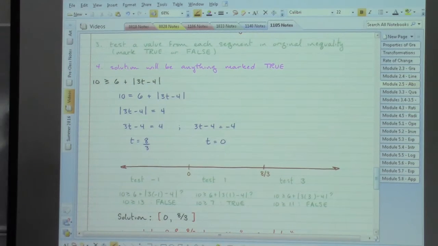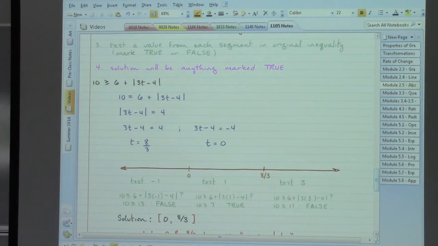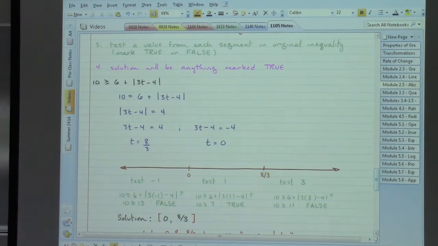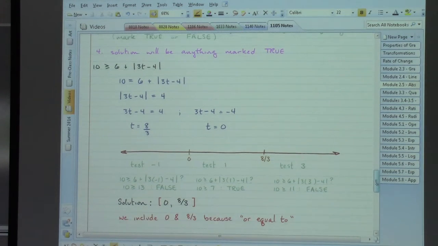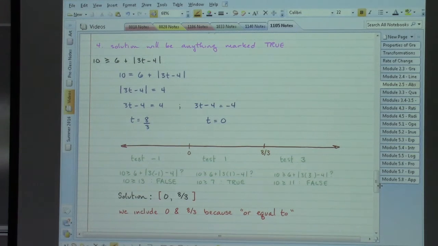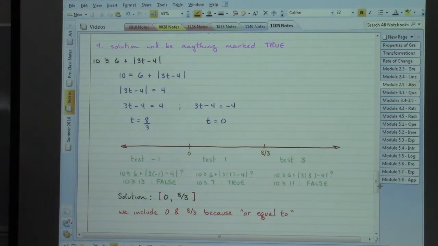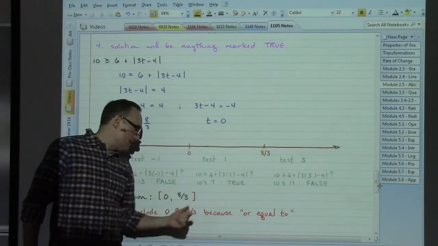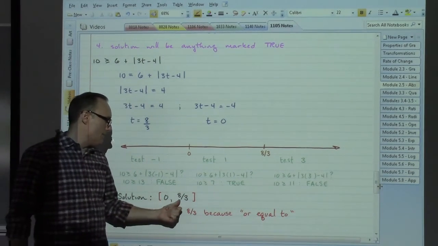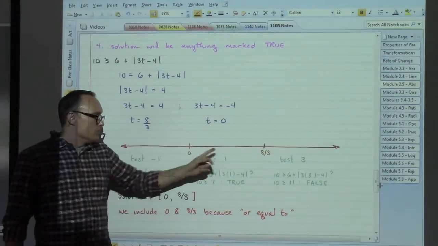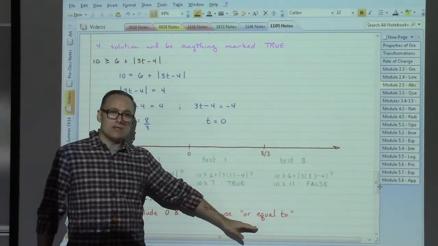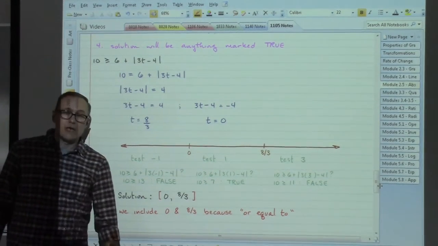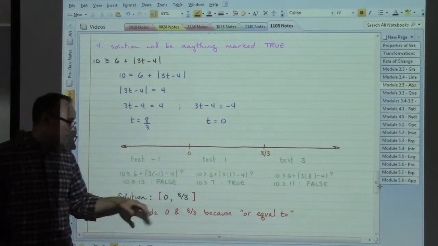In this particular case, because that inequality originally said greater than or equal to, the 0 and the 8 over 3 are going to be included in our solution, which is only going to be this middle segment. So bracket 0, comma, 8 over 3 bracket, using those brackets because that inequality symbol originally had the or equal to. 10 is greater than or equal to, so those are included.